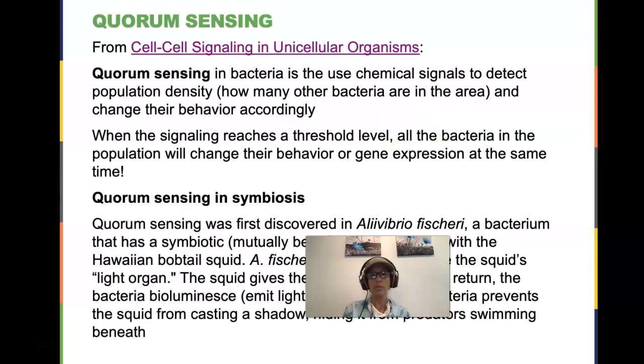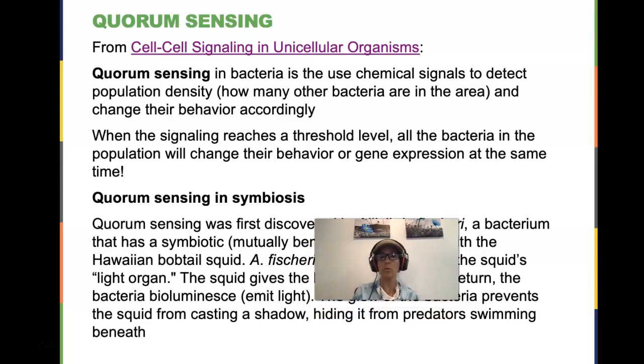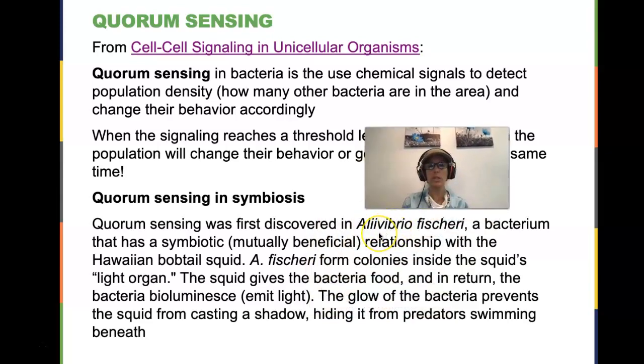The example that is best known for quorum sensing in prokaryotic organisms is in Aliivibrio fischeri. It is an organism that is in a symbiotic, a mutualistic relationship with a squid. The bacteria form colonies inside of the squid's light organ.